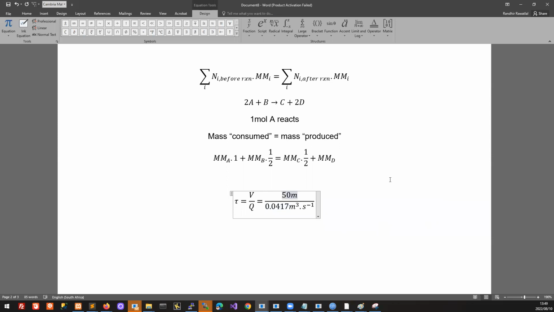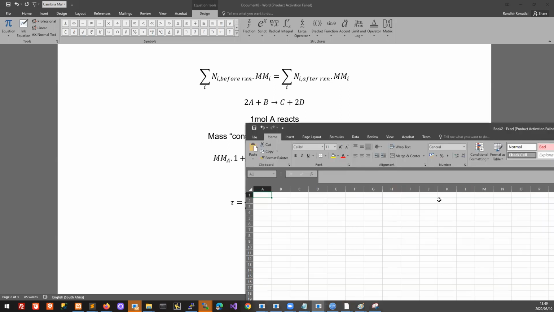Cubic meters. So if we work this out, we stick the numbers in. I'll just keep Excel open here. So 50, 0.0417 equals that divided by that.